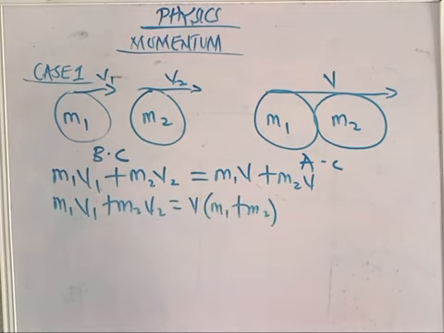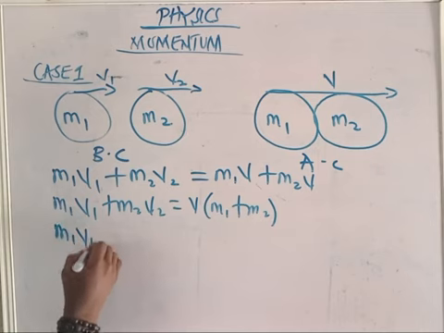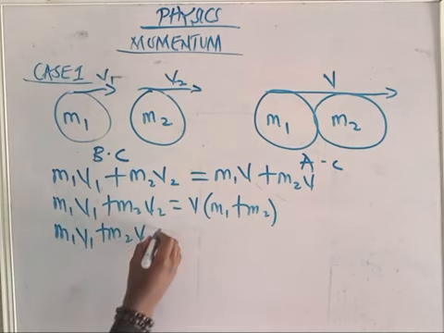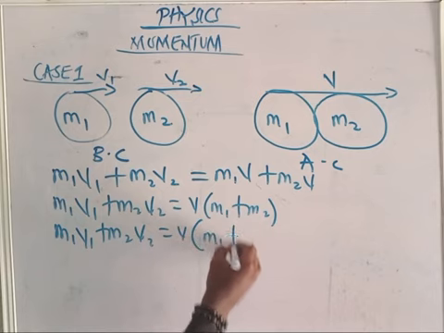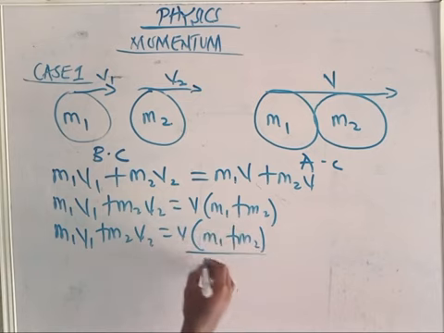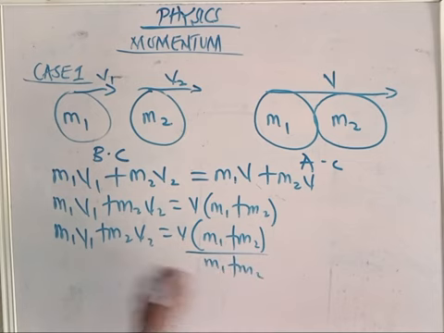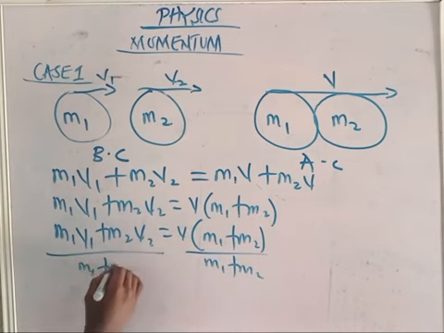So the common velocity, when two particles are traveling in the same direction, is gotten by making v the subject of the formula: m1 v1 plus m2 v2 is equal to v times (m1 plus m2), then divide both sides by (m1 plus m2).